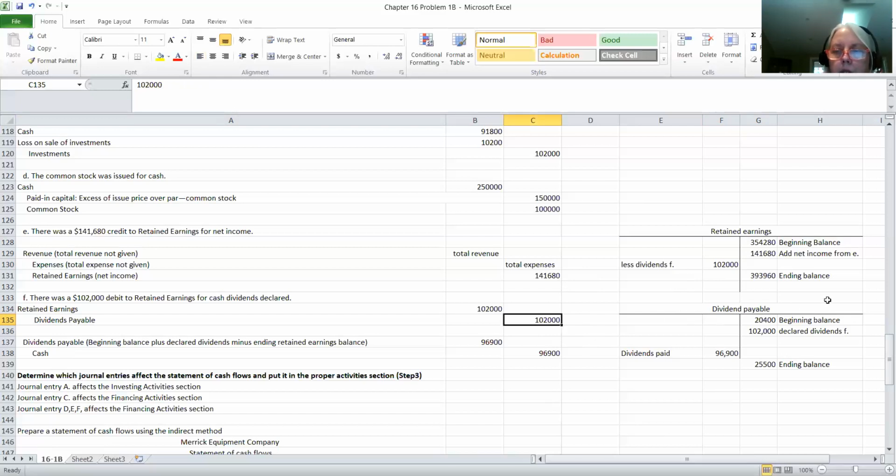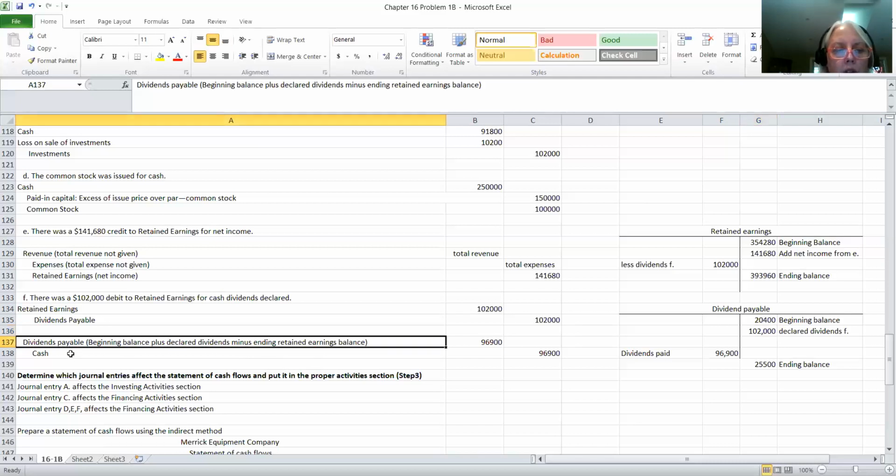I've also kept a ledger account of the dividends payable so you can see what has happened to it during this period of time. There was a beginning balance here, then we're adding the dividends that we declared to that balance. Now, they tried to trick you here, and they didn't tell you the exact amount of cash dividends that you paid.